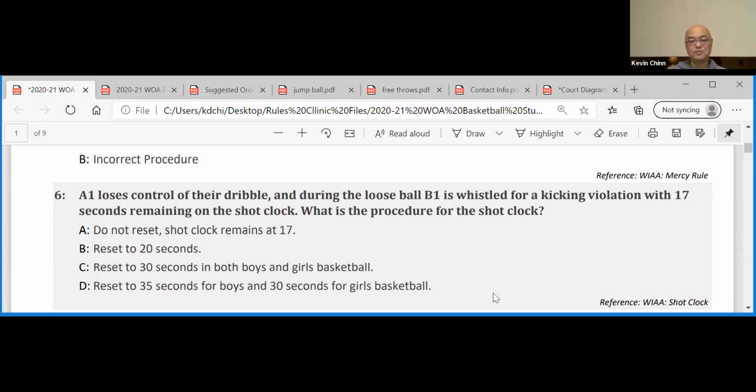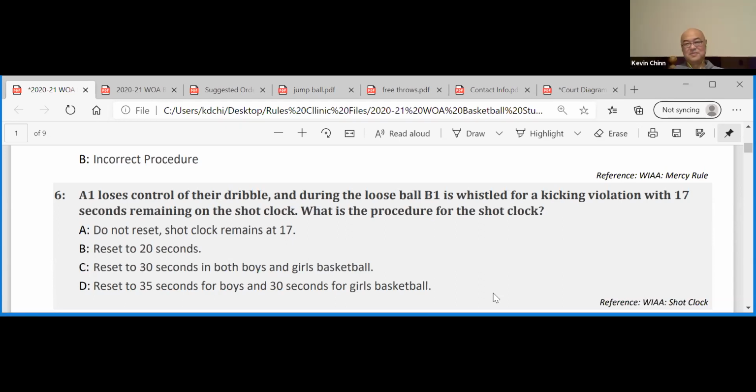So this year in the state of Washington, they've changed the rule so that in both boys and girls, we're using a 30-second shot clock. So that should tell you right away, the answer is C. As long as you understand that a kicking violation always results in a reset of the shot clock.